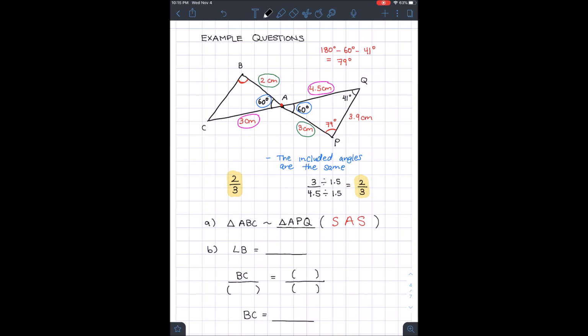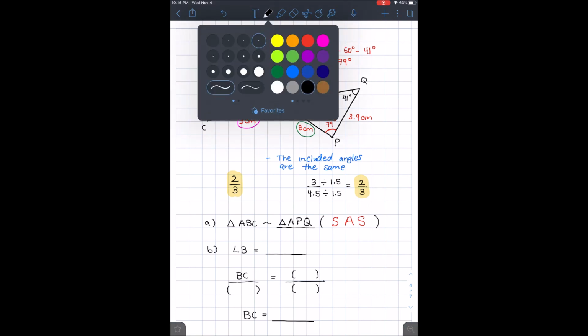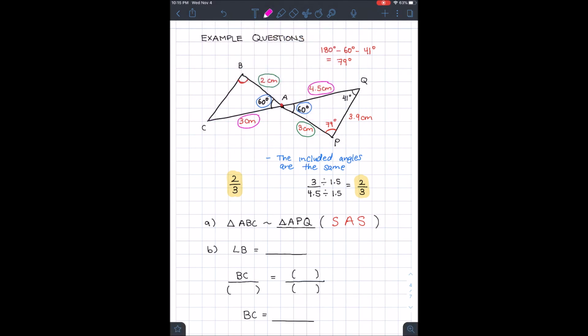One way we can tell is by looking at the corresponding sides for the triangles. Remember that this guy right here, 2 centimeters, matches or corresponds to this guy, 3 centimeters. Well, the closest angle to 3 centimeters is 79 degrees.